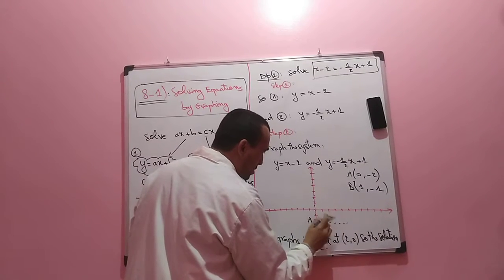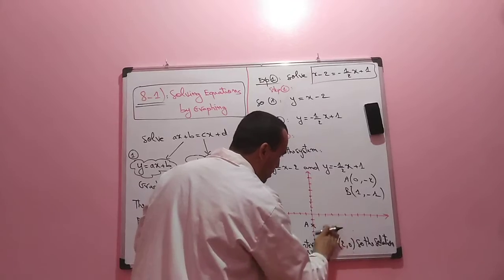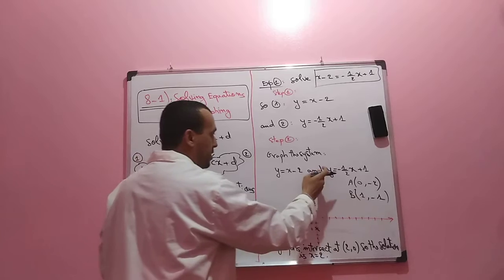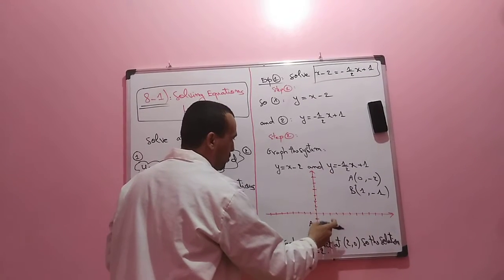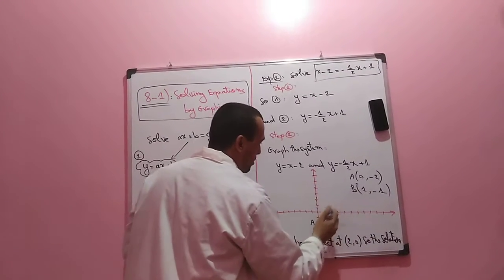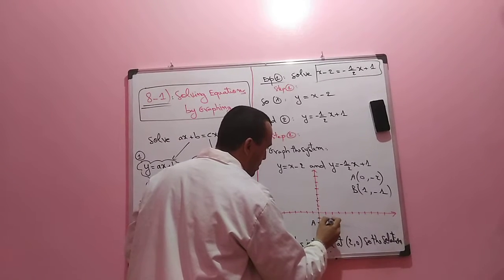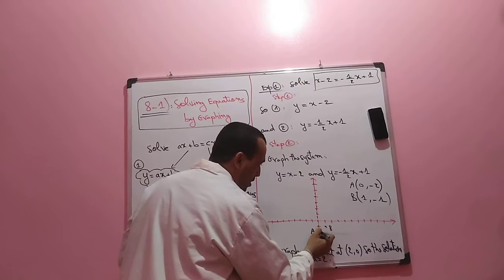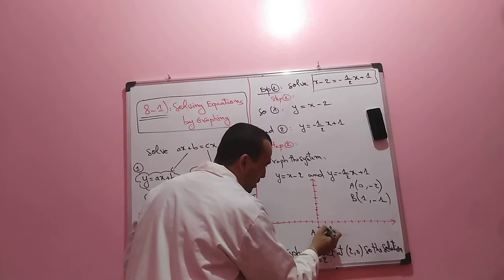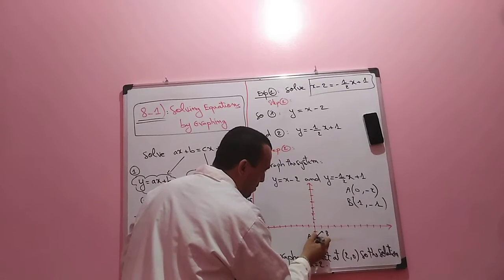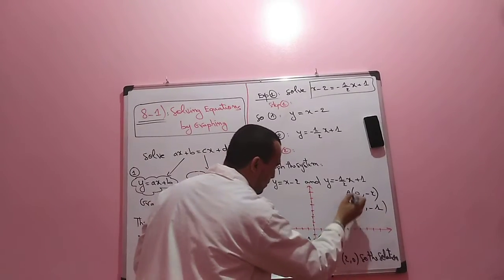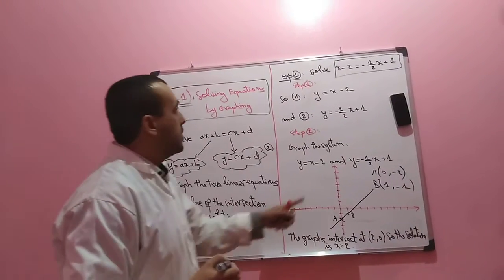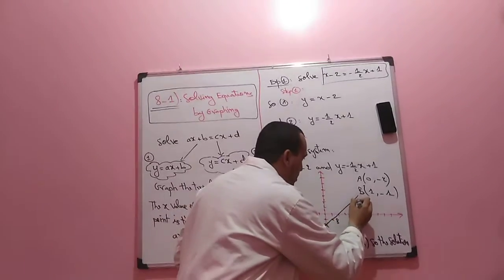This is A. Now B: we have x equals 1 and y equals minus 1. The intersection gives this point. This is B. Now we take a ruler and draw the straight line that passes through A and B. This is the first line, line number 1.